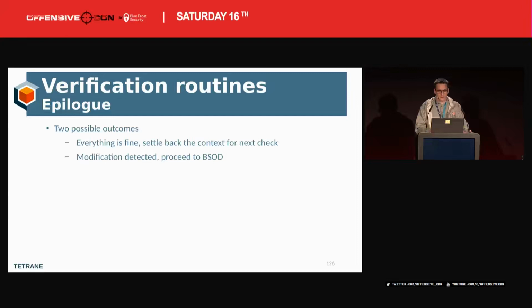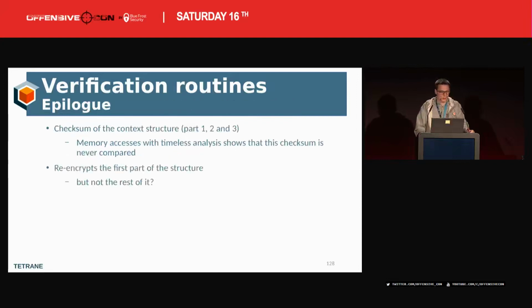If you pick a timer for the method, it will set a new timer with a random amount of time, and the next check will occur 2 minutes later. But if a modification is detected, then it will proceed to the blue screen of death. And this is what we are going to analyze, because most of the bypasses used to hit at this point.